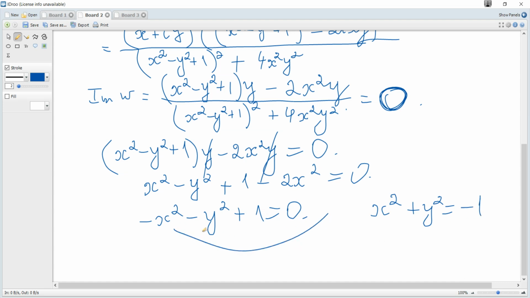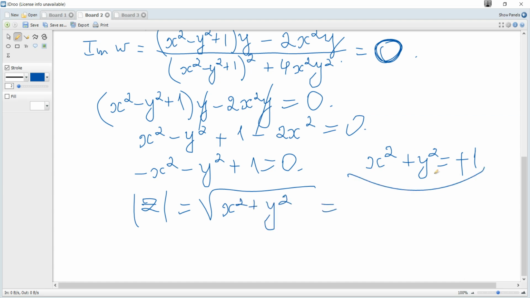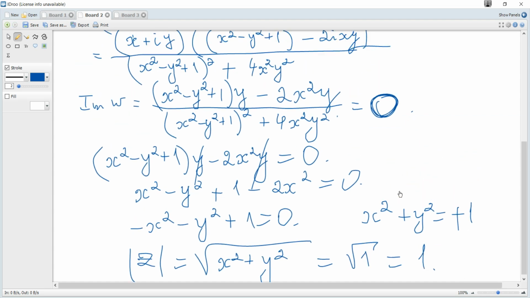Just move negative x squared, negative y squared to the right, and hence plus 1. So the modulus of z is the square root of x squared plus y squared, and we can see that x squared plus y squared is 1, so the square root of 1 is 1 as required.